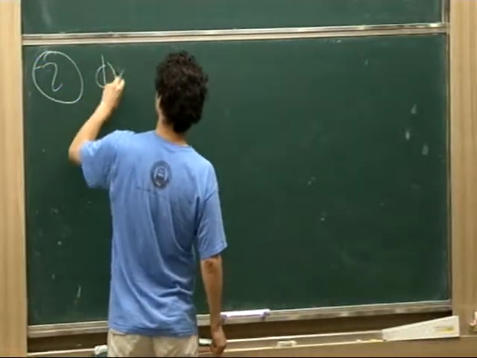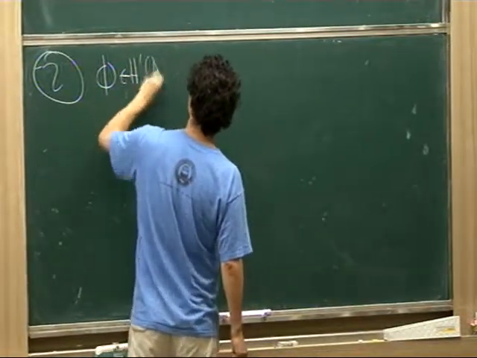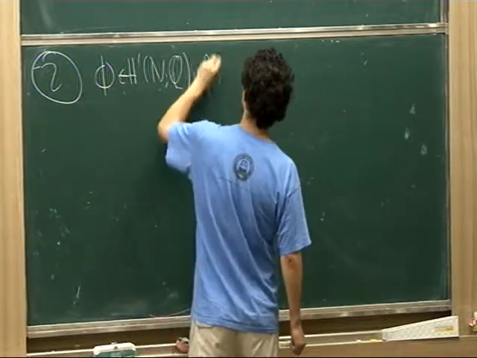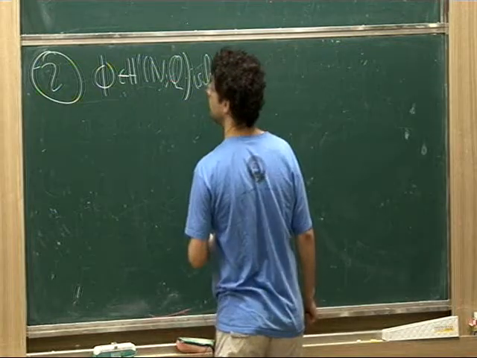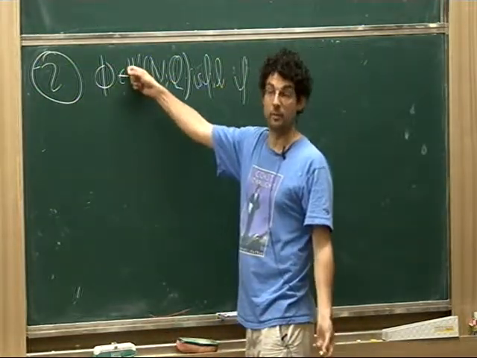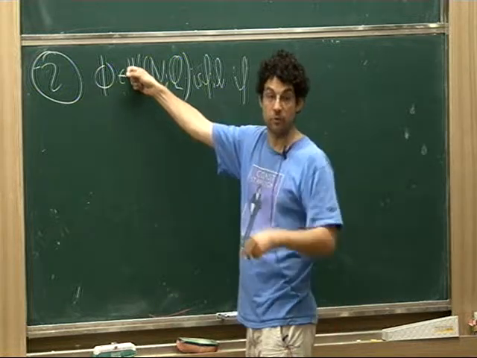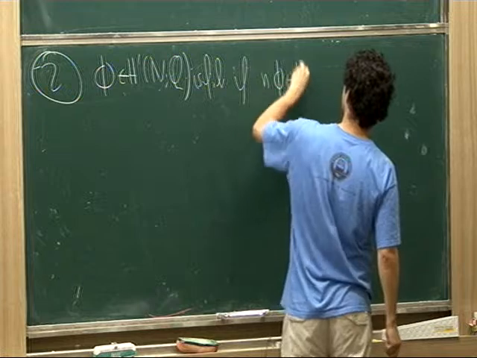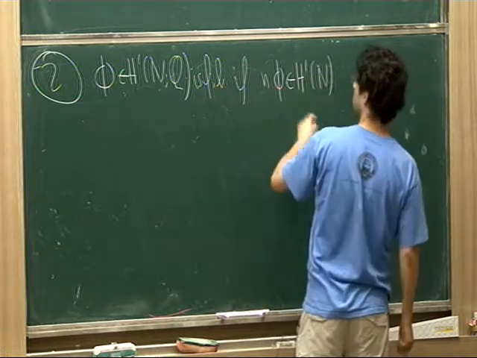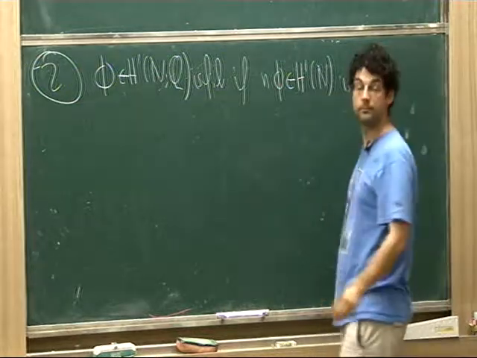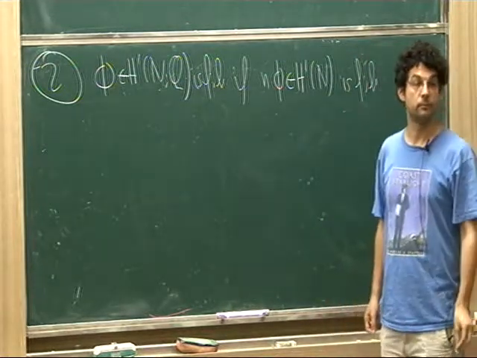So phi in H^1 with rational coefficients is fibered if an appropriate multiple, or any multiple, which is an integral class, is fibered. So if n phi in H^1 with integral coefficients is fibered. Okay.